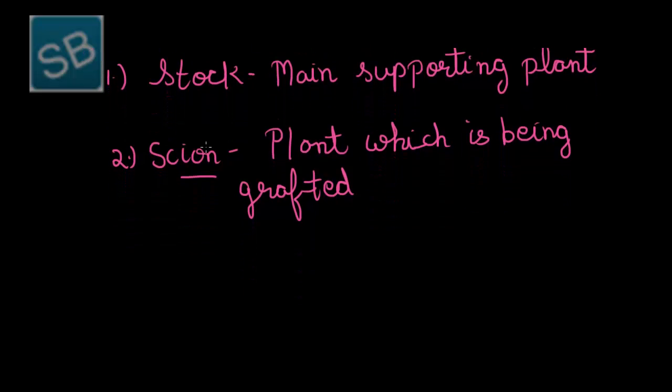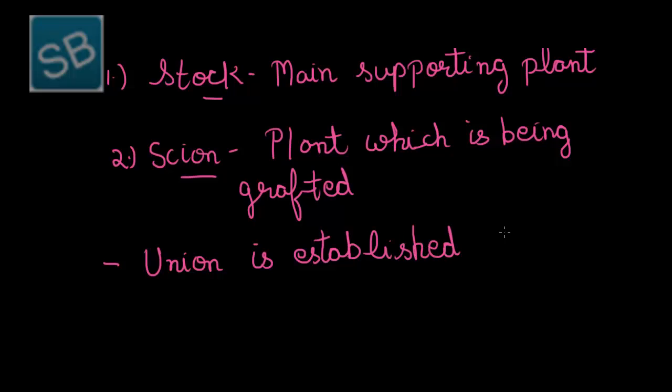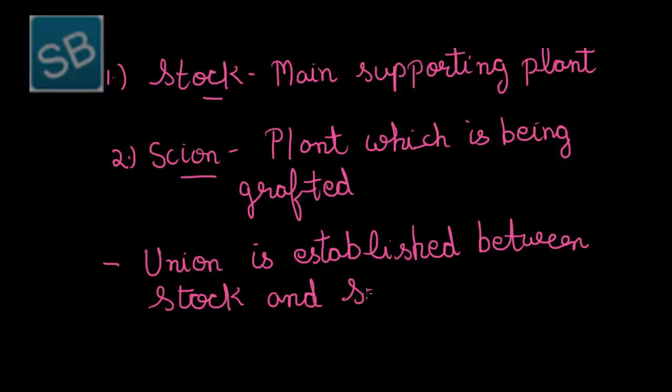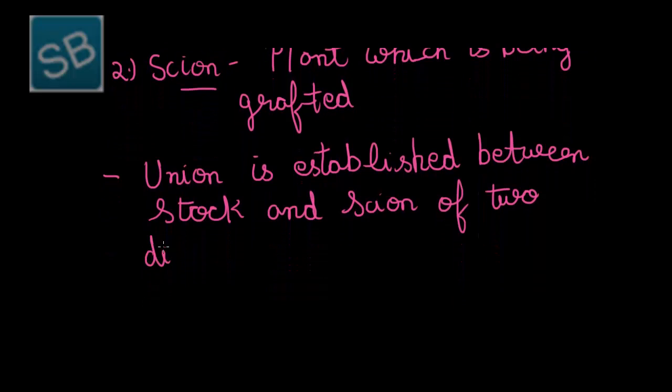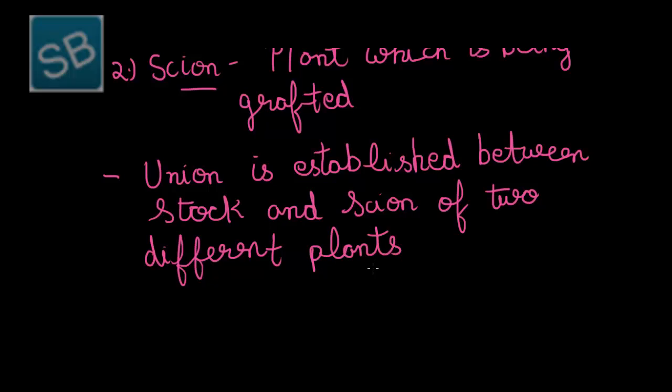In this method, generally a union is established between stalk and scion of two different plants. Now these plants can be either of the same or different kind.